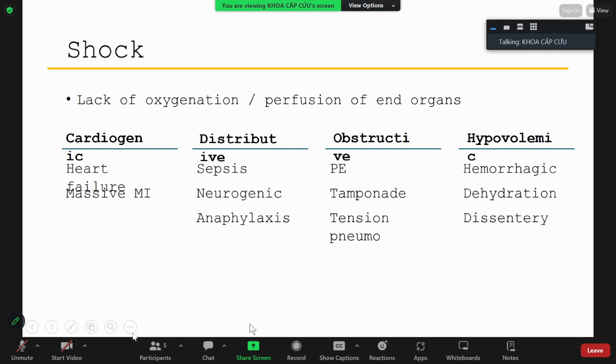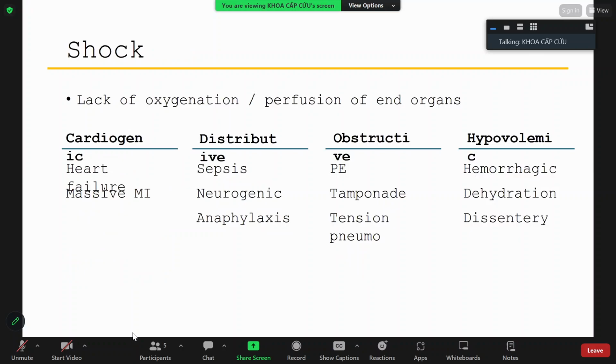That should work. So just a quick definition of shock, as we all know, this is a lack of oxygenation or perfusion to end organs in the body. And we can see that on labs and things like that to determine if a patient is in shock.